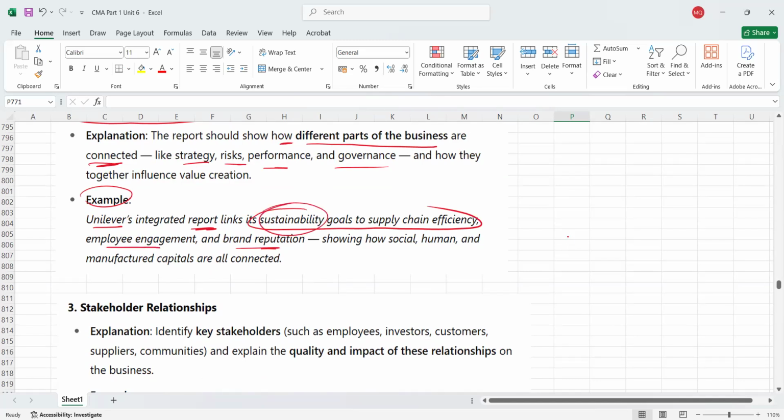They are also trying to show how social, human, and manufactured capitals are all connected with each other.